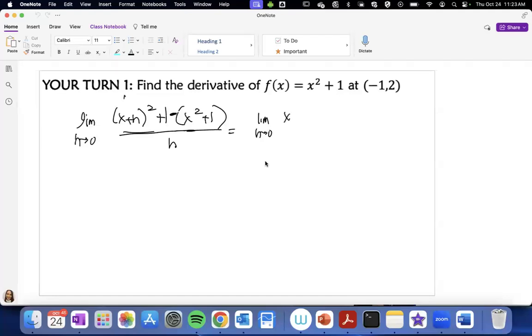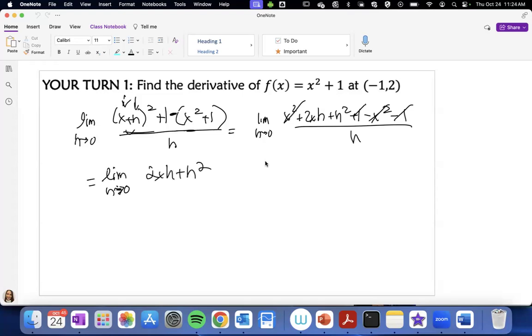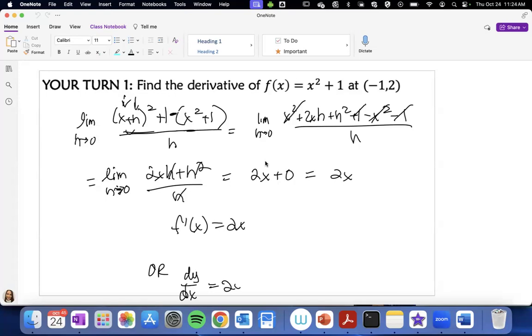Square: x squared plus 2xh plus h squared plus 1 minus x squared minus 1. The ones cancel, the x squareds cancel. You get the limit as h approaches 0 of 2xh plus h squared all over h. You can cancel out an h and plug in 0. Your derivative is 2x. You should write f prime of x equals 2x, or dy over dx is 2x. You label that as the derivative, okay?